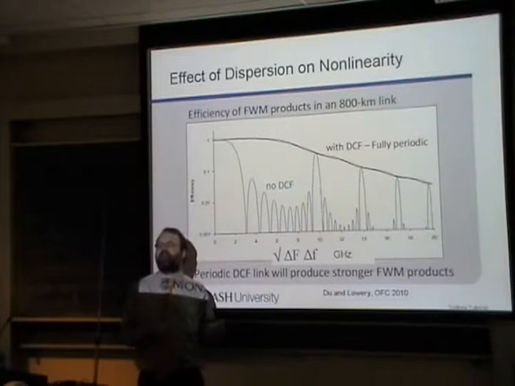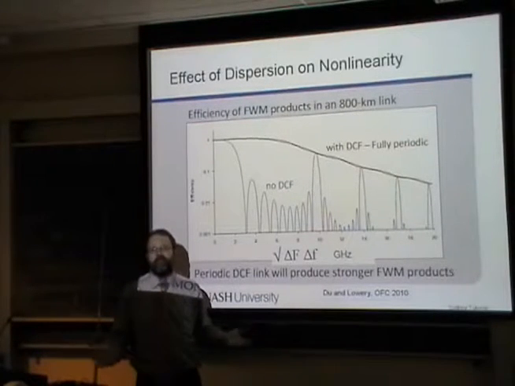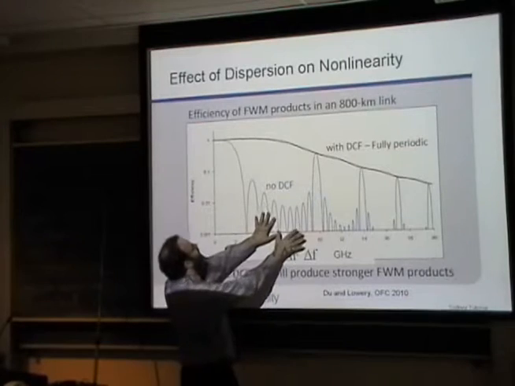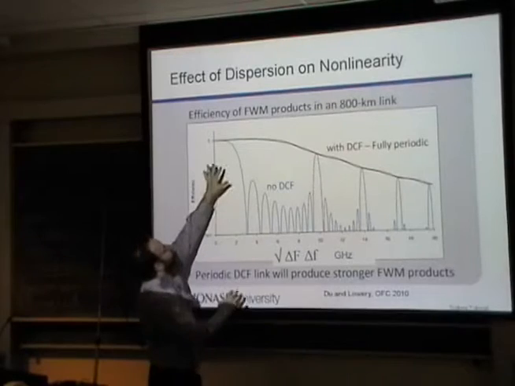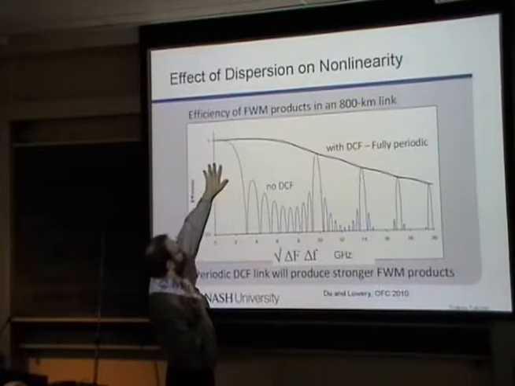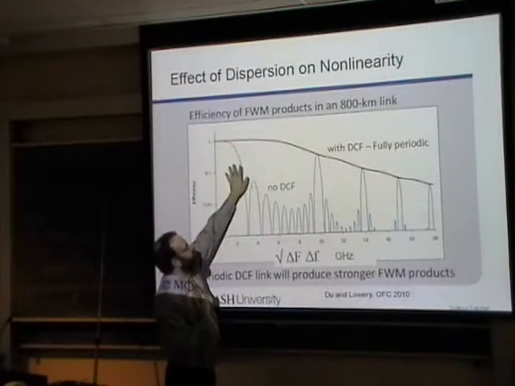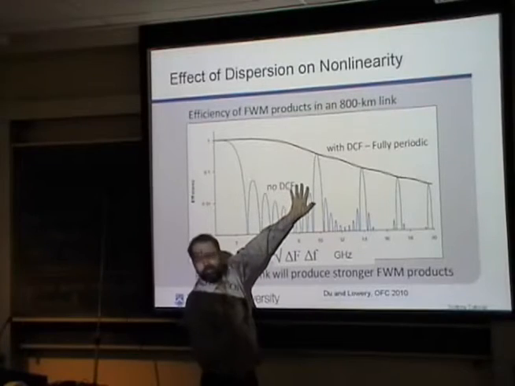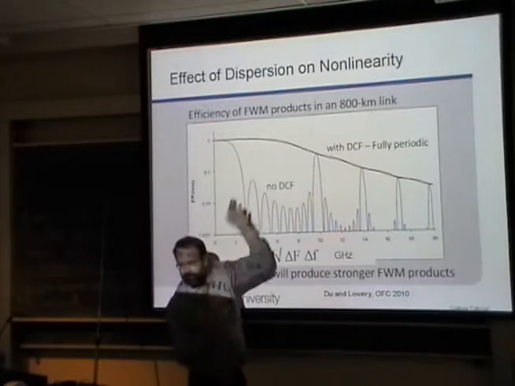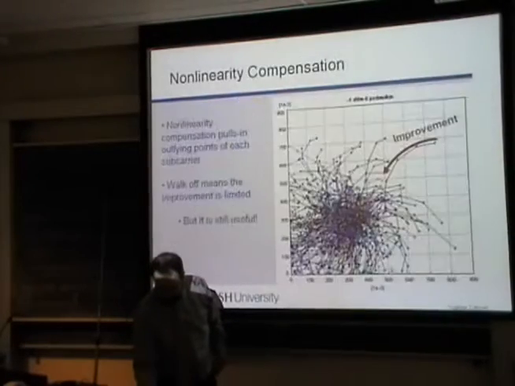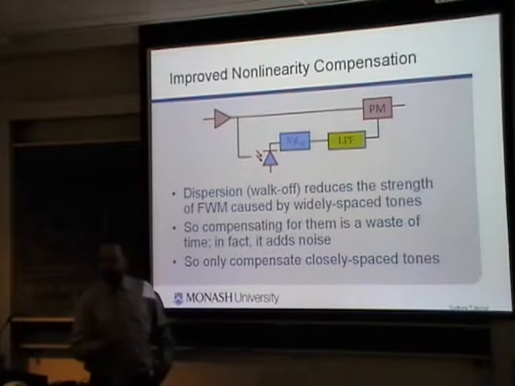So if you try and compensate them, you're compensating for something that's not there, which is worse than doing nothing. So if we limit the bandwidth of our compensation to only low frequencies, then we're compensating for this main lobe, I suppose, in the response, where all the damage is done. But we're not compensating for this bit because walk-off has already reduced the effect. And so a low-pass filter, a very cheap electronic circuit, will improve the system.